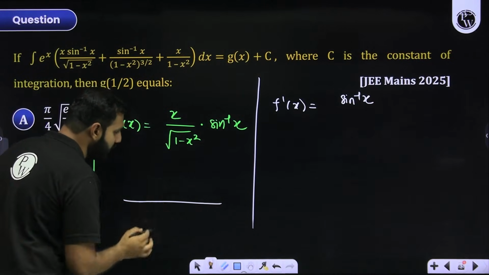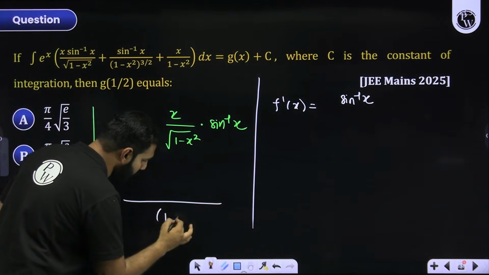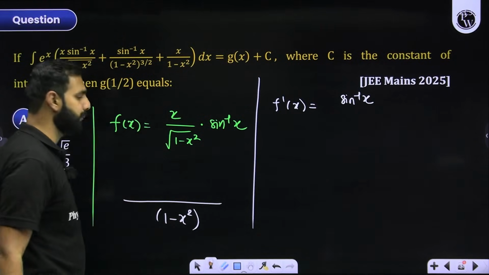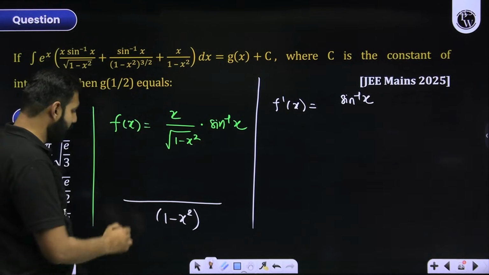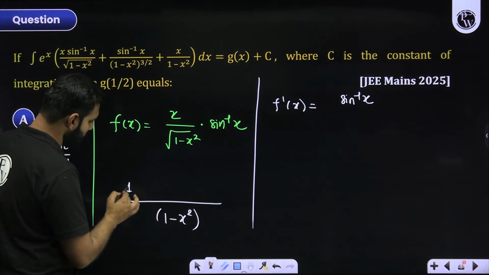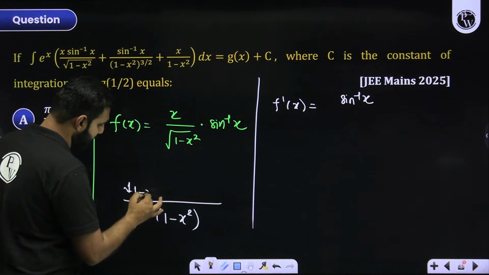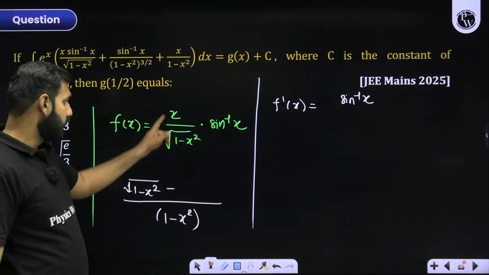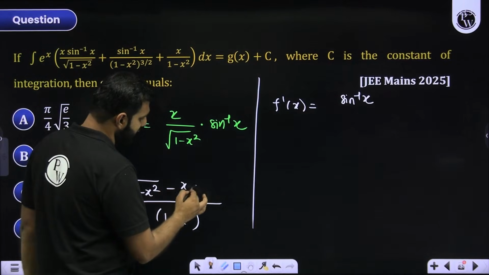So denominator should have this square. So square of under root 1 minus x square is nothing but what? 1 minus x square. Now the derivative of numerator. So derivative of x is 1 into denominator as it is, which is under root over 1 minus x square, minus, pay attention, numerator as it is, and then derivative of the denominator.